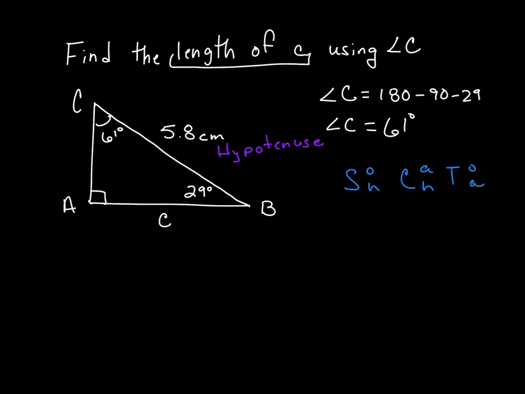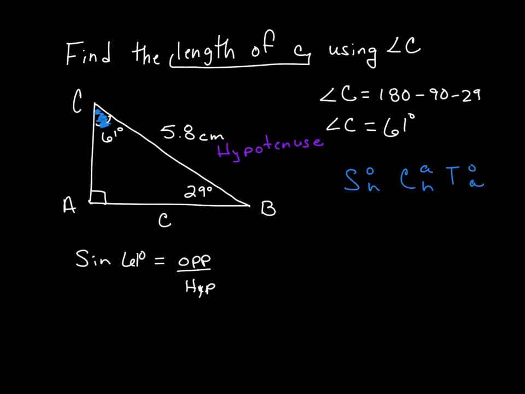There are several different ways we can write this. Let's first look at angle C, 61 degrees. The sine of 61 degrees is equal to the opposite over the hypotenuse.